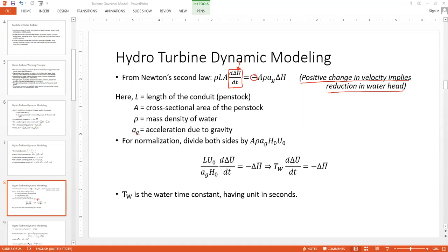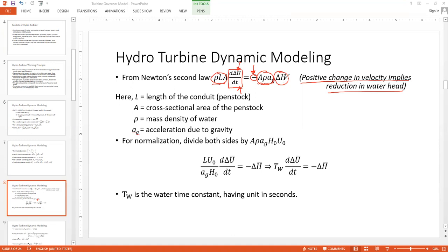So now let's see how this negative sign is actually associated with this expression on both sides. So what are the variables? The variable on the left hand side is the change in velocity, water velocity through the pipe or through the tunnel, whatever. And on the right hand side, we have change in water head. And the remaining things are constant. So we don't have to bother about these things over here. We only have to bother for thinking about the presence of minus m. We have to think about this d del u by dt on the left hand side and del h on the right hand side.